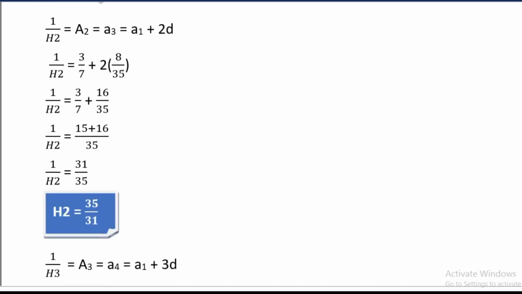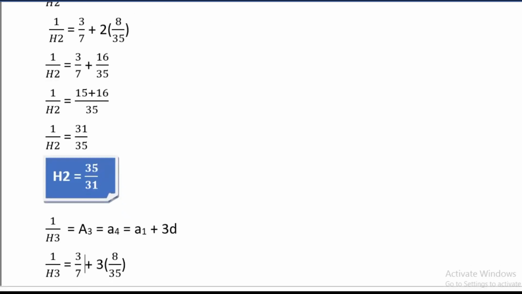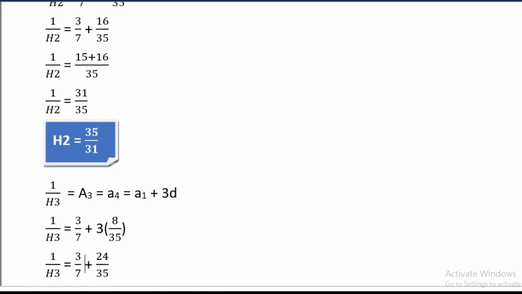So next, 1 divided by H3 is equal to A4. A4 can also be written in the form of A1 plus 3D. By putting the values of A1 and D, 1 divided by H3 becomes 3 divided by 7 plus 3 into 8 divided by 35. So 3 eights are 24 divided by 35.